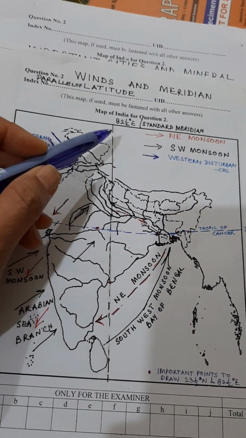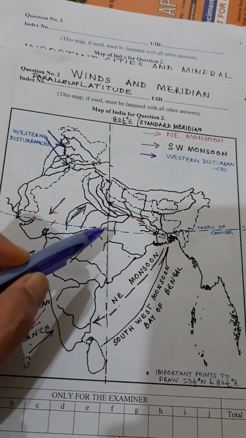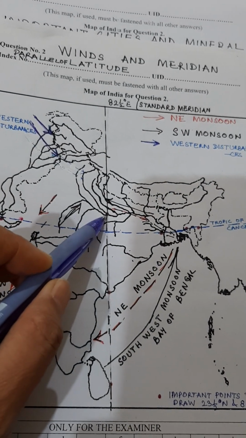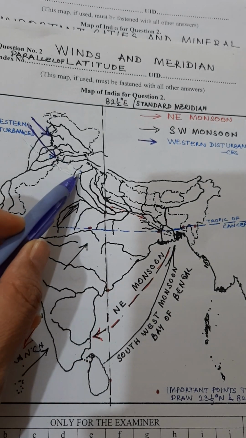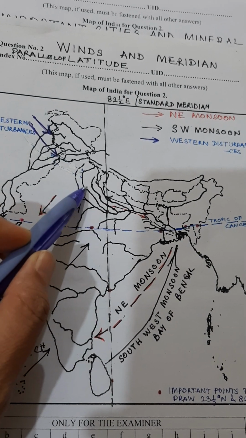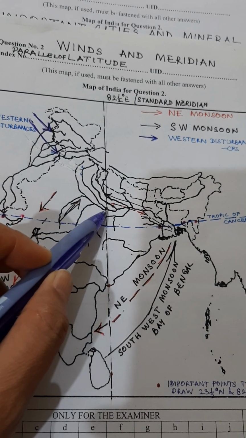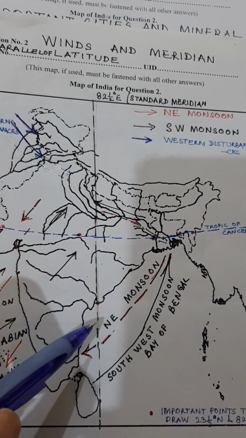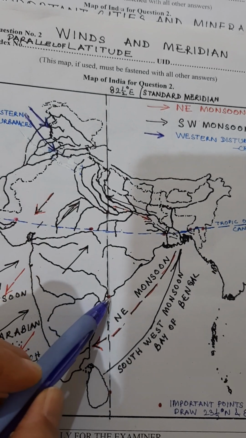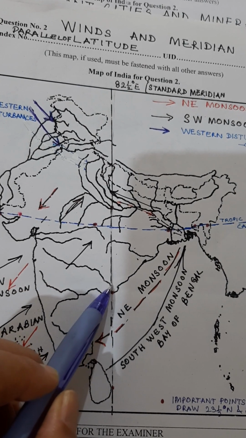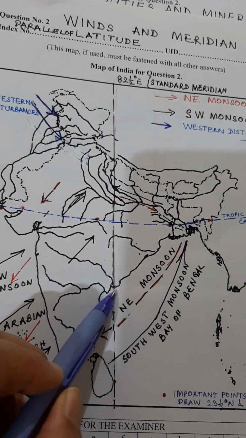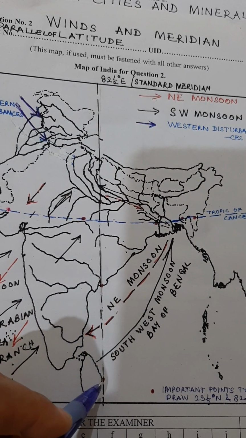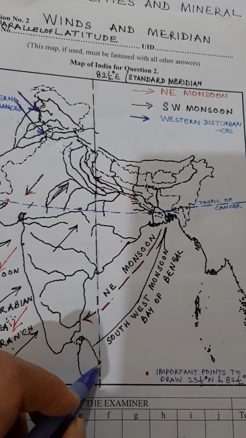Then I have to mark 82.5 degrees east, the standard meridian for a country. So first I mark the confluence of Ganga and Yamuna. Can you see this? This is river Yamuna and this is river Ganga, and they meet here. So one important point is the confluence of Ganga Yamuna. Second important point is this here. So this is river Godavari, so the right limb of river Godavari. And third point is a little away from the coast of Sri Lanka.